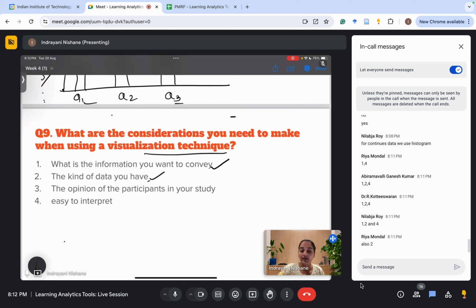If the information we want to convey is not related to the opinion of participants, then we will not consider that while deciding which visualization to use. And easy to interpret, yes, of course, that's the whole point of using visualizations in our analysis. So the correct answer is option 1, option 2, and option 3. So 1, 2, and not option 3, option 4. 1, 2, and 4.